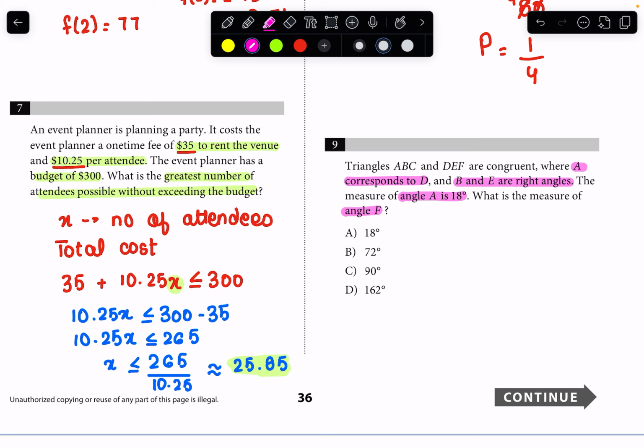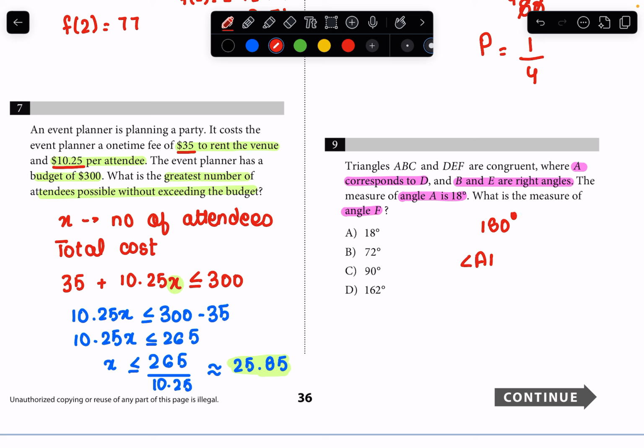When we are talking about congruent angles, we need to understand one basic thing about angles: all the angles in a triangle sum up to 180 degrees.